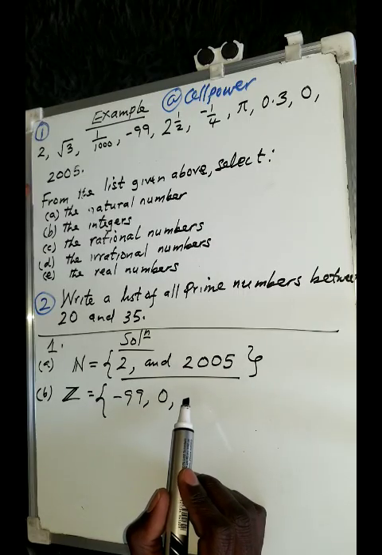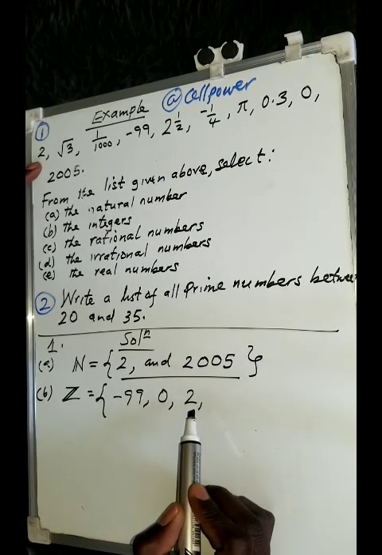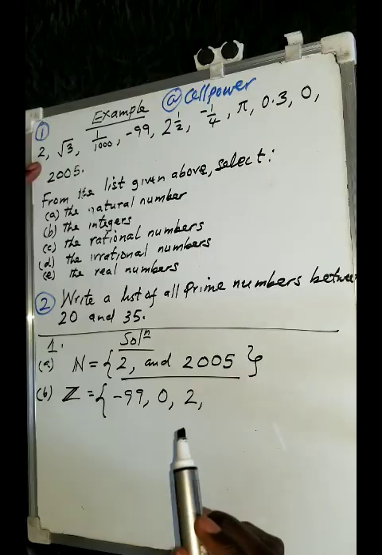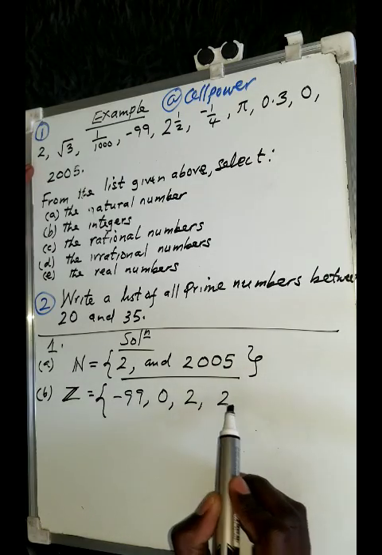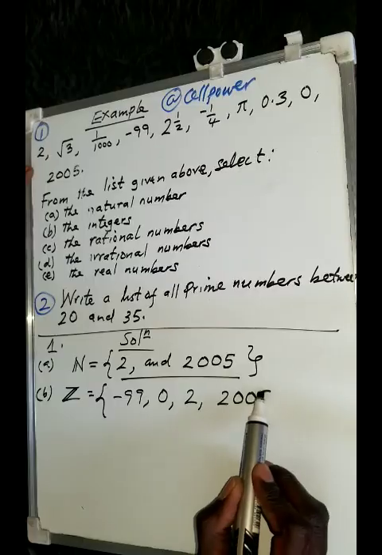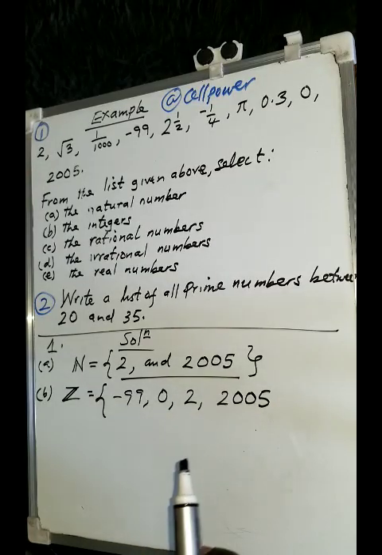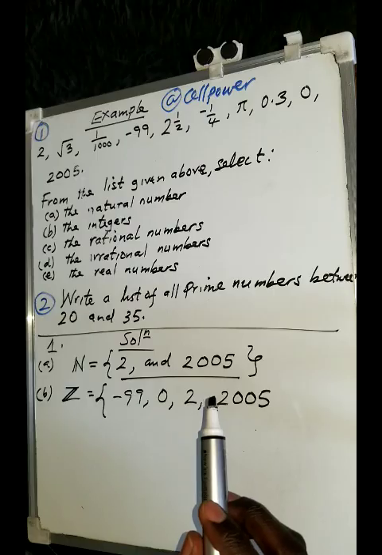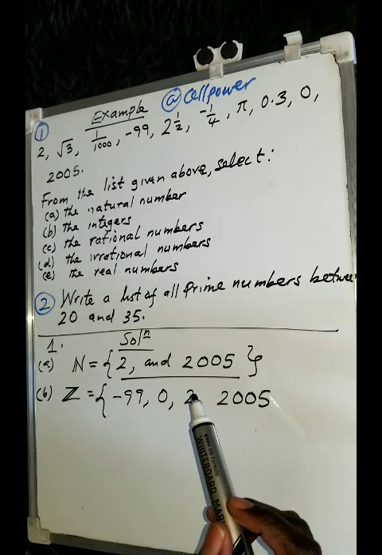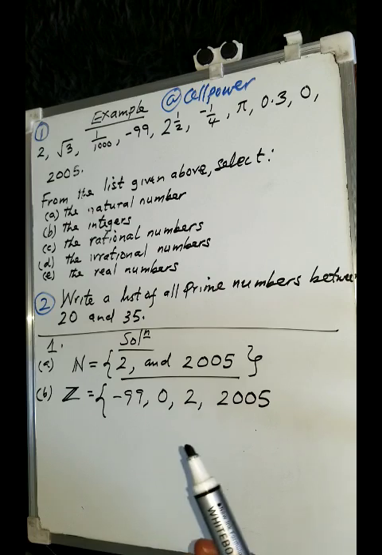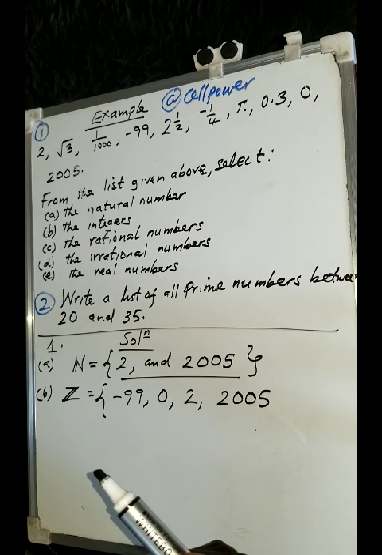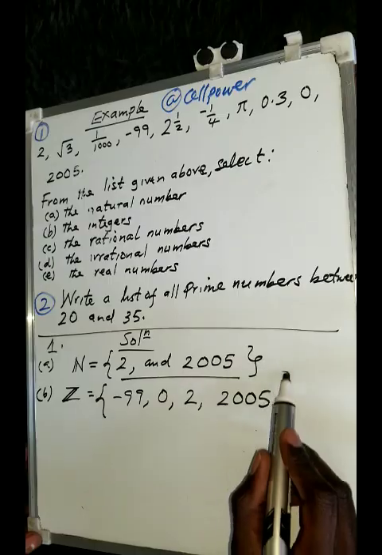We can also include a 2, and a 2005. So these are examples of integers that we do have. Now remember, why are we calling them integers? I told you they can be positive or negative whole numbers with 0 included. So you need to remember that.